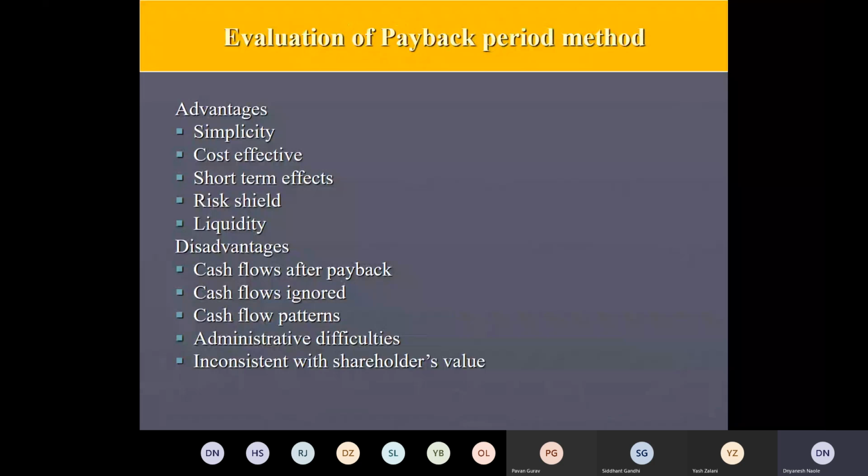We had already solved a problem, so we have a fair idea that it is very simple, and that's why it is largely used today also, and heavily relied on by financial managers for appraising investment proposals. It is also cost effective because it does not require much calculation, time, or use of computers, unlike other methods where detailed calculations are required.